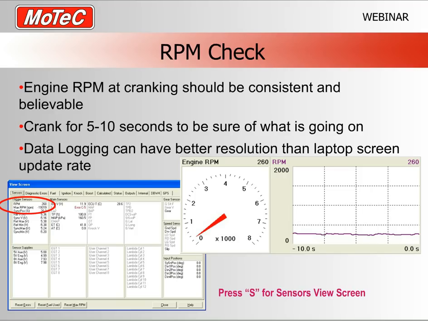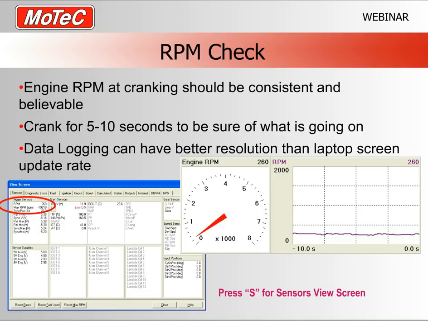So we can see in that example, yeah, the RPM's moving around a little bit, but that's to be expected as the engine cranks, comes up onto compression, slows down, speeds up, that kind of thing. So I would look at that RPM trace and say, well, that looks all right. One suggestion I would make is that the update rate of the laptop screen and its resolution probably isn't as good as high rate data logging.